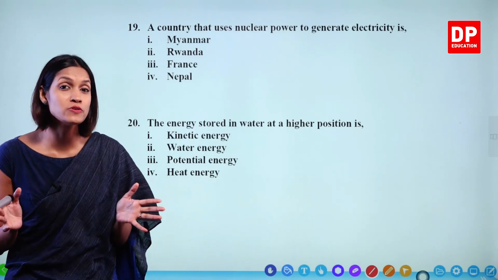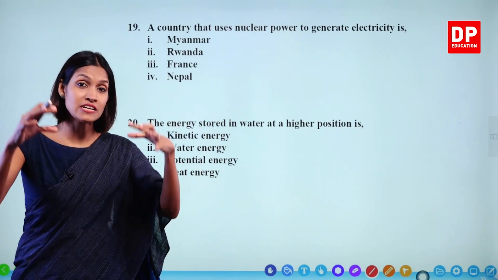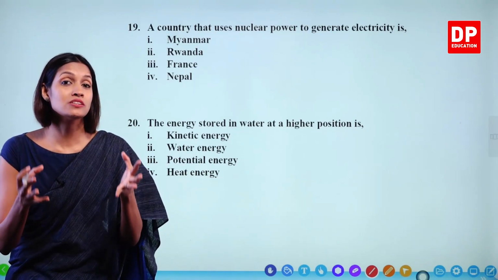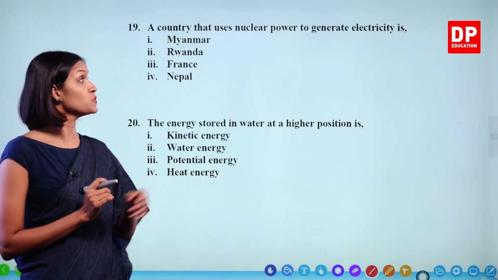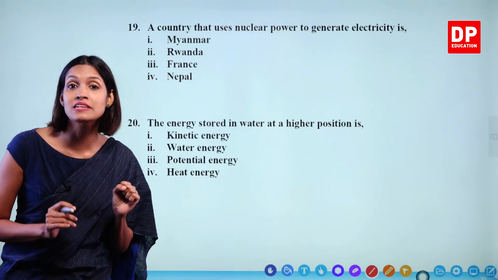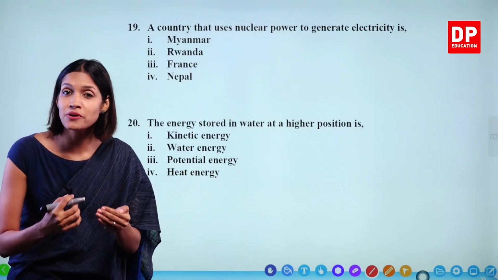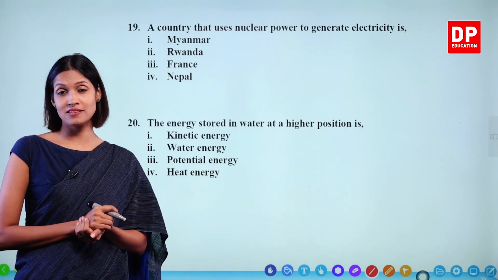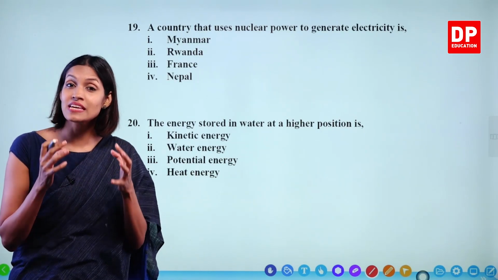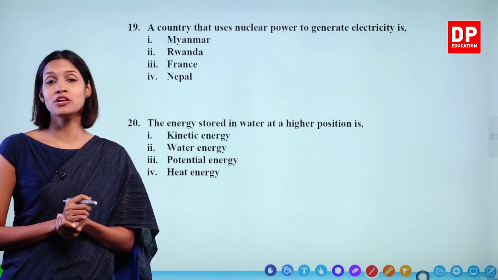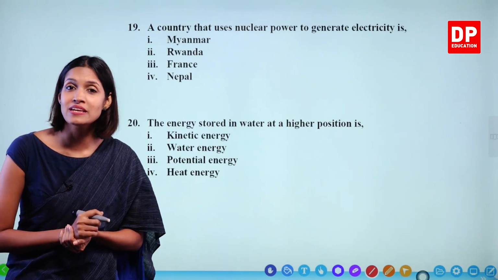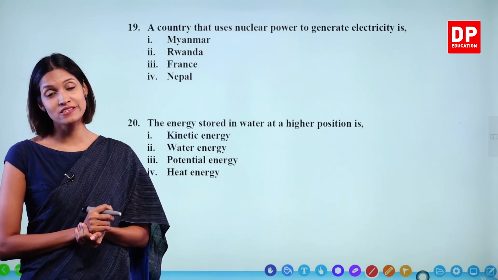So how do we produce steam? In large boilers, we can heat a large amount of water at once using this large amount of heat energy released. So then what happens? Steam at high temperature and high pressure is generated. Understand? The pressure of this steam can be used to rotate turbines and thereby generate electricity.